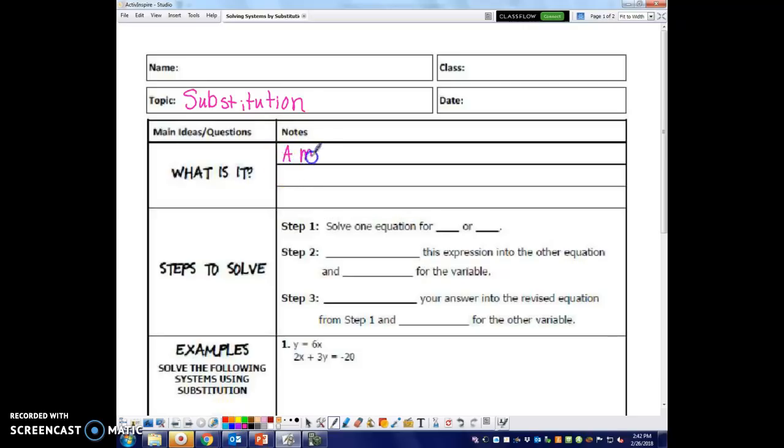It's a method of solving systems of equations by substituting equations within one another.